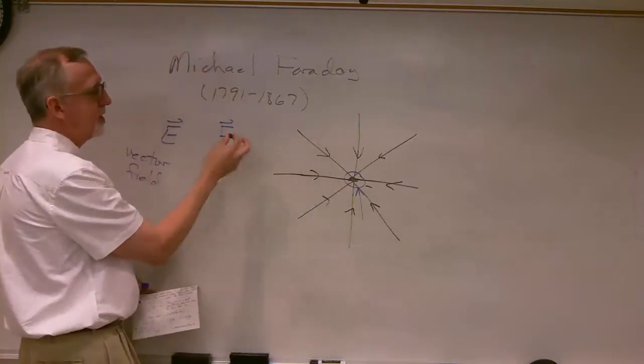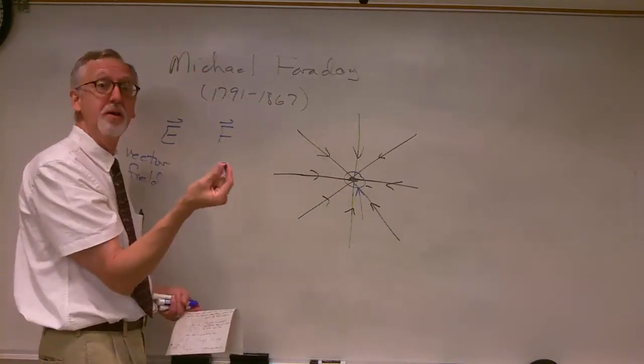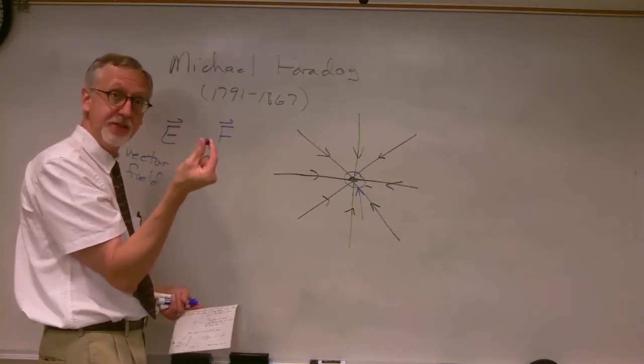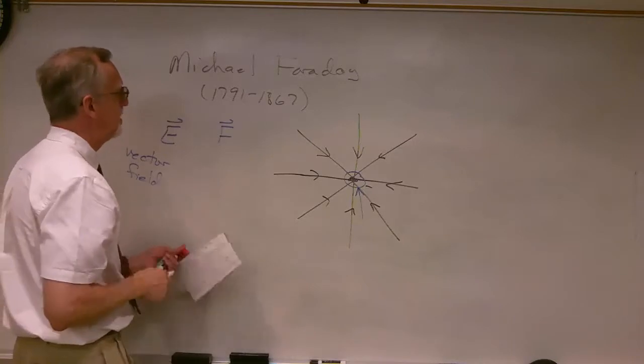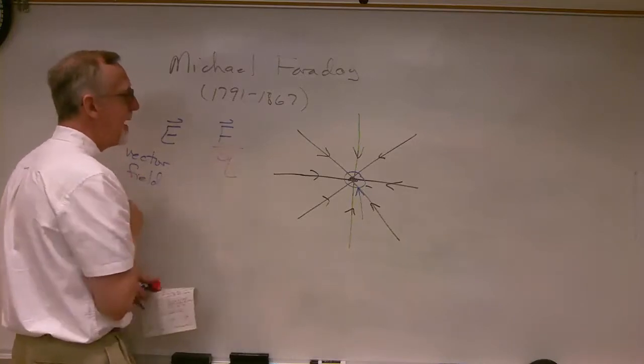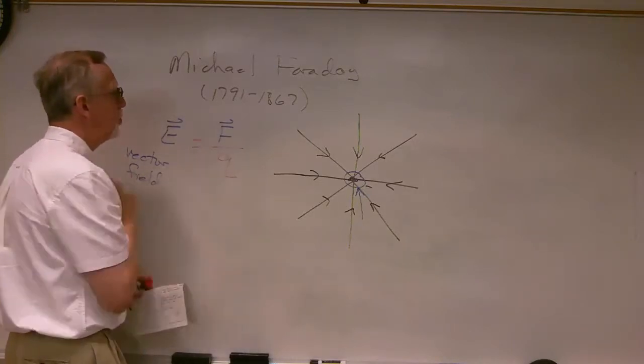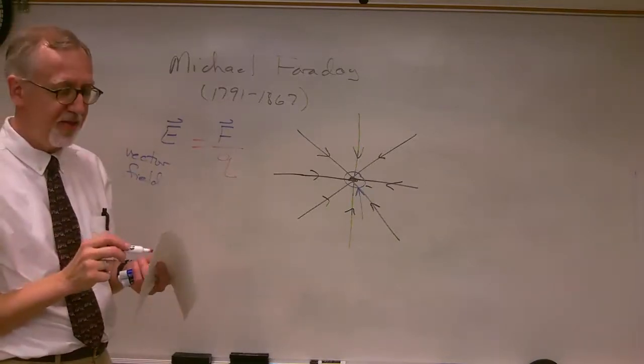So we know the force that acts on the test charge depends on the magnitude of the charge of the test charge. To remove that dependence, we will divide by the magnitude of the test charge, and we'll define our electric field in that way.